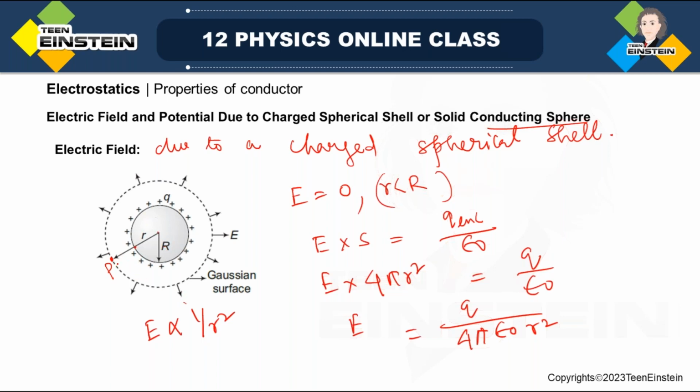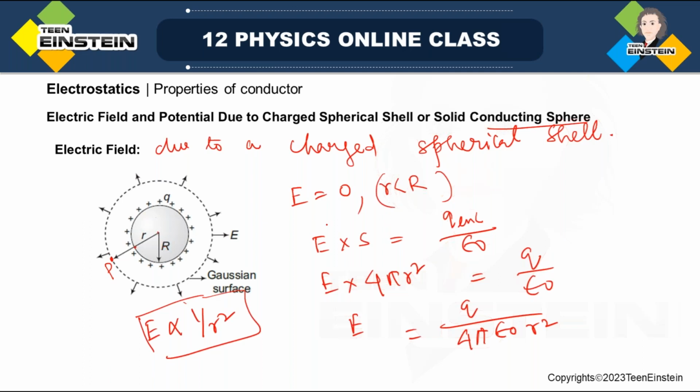For an outer point, we can consider the whole charge to be concentrated at the center of the spherical cell, just like treating it as a point charge. But it will be very interesting when we go for a solid sphere.